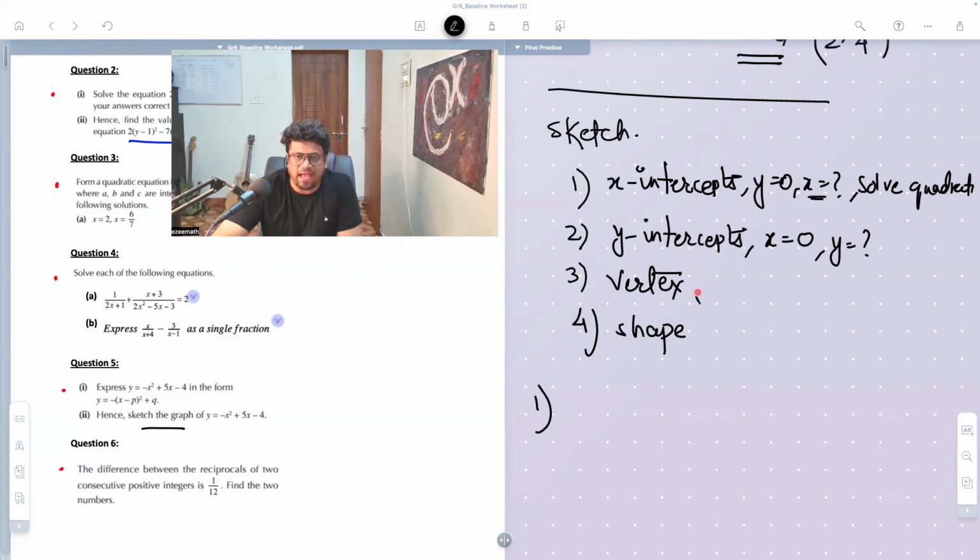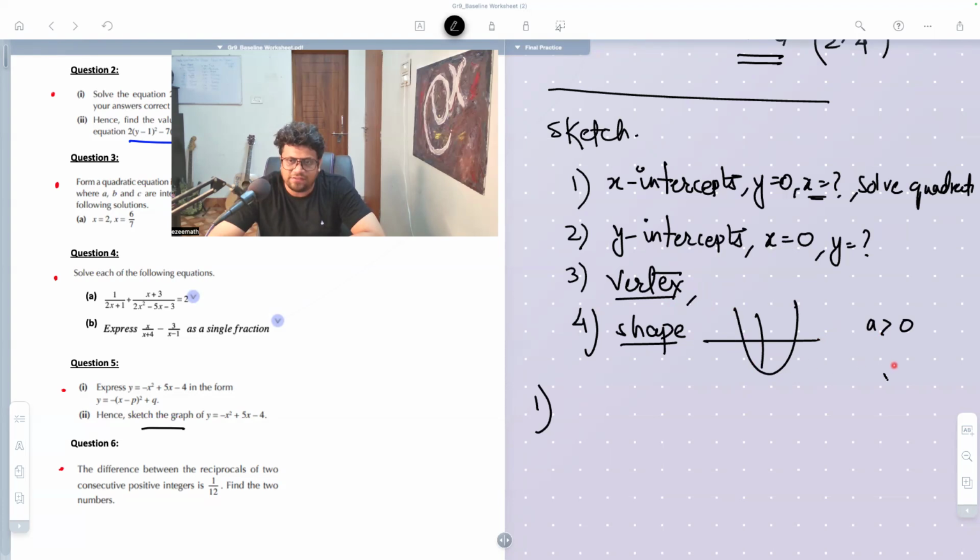And vertex, I just told you, if you have the square form of it, obtaining the vertex coordinates is not difficult. I'll tell you another way of finding out the vertex. And then the shape, it depends on the value of a. If a is positive, the quadratic looks like that. If a is negative, the quadratic is supposed to look like that.